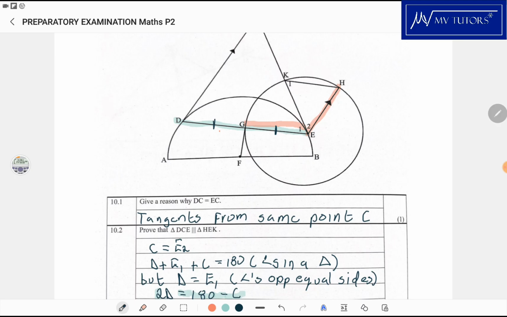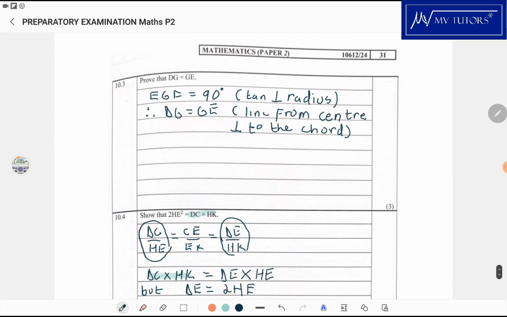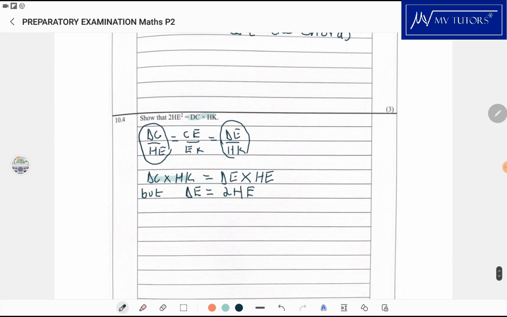Let's just say that GE and HE are both radii of that circle.